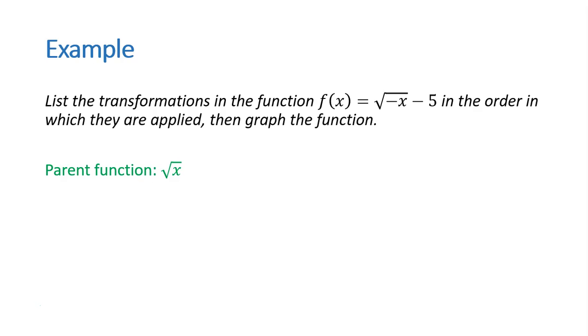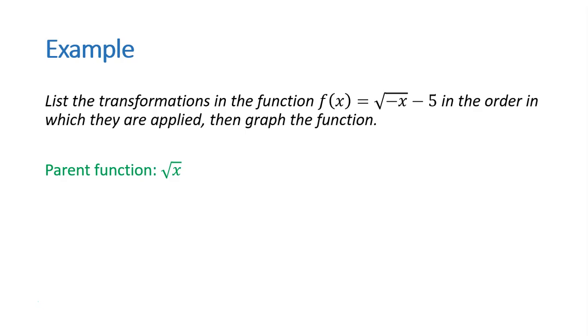Now we look for anything that would give us a stretch or a shrink. Stretching and shrinking comes from multiplying by something other than 1 or negative 1. So multiplying by something greater than 1 or multiplying by a fraction, either onto the function or onto the function input. Neither of those cases are happening here, so we don't have a stretch or shrink. We go to the next step.